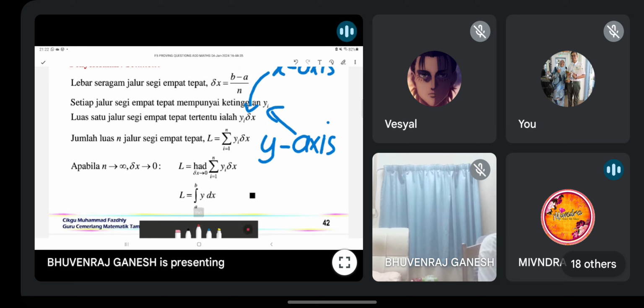Lepas tu kita just gantikan tu yang delta x tu jadikan dx and y I jadi y and b a tu kita tukarlah yang n jadi b and I sama dengan 1 tu jadi a. I sama dengan 1 sebab kita start daripada permulaan lepas tu hingga terakhir. N tu infinity dah sampai terakhir lah. Sampai garis tu habis.